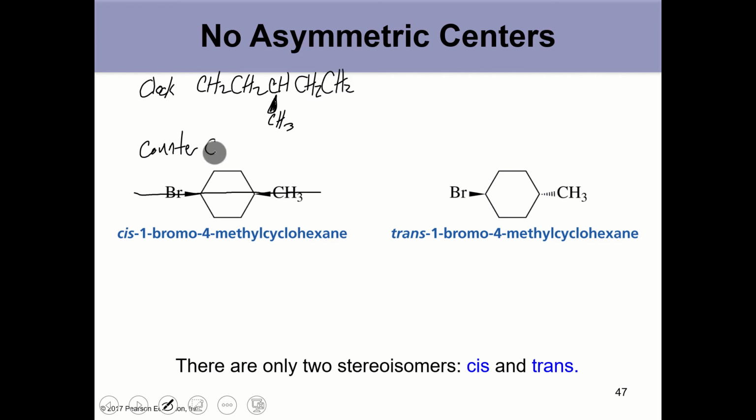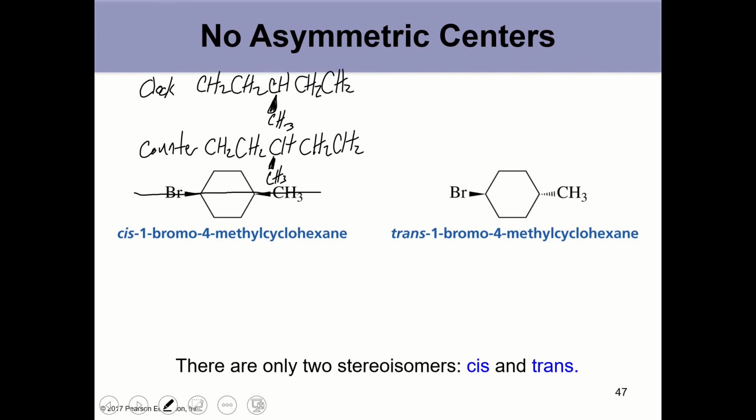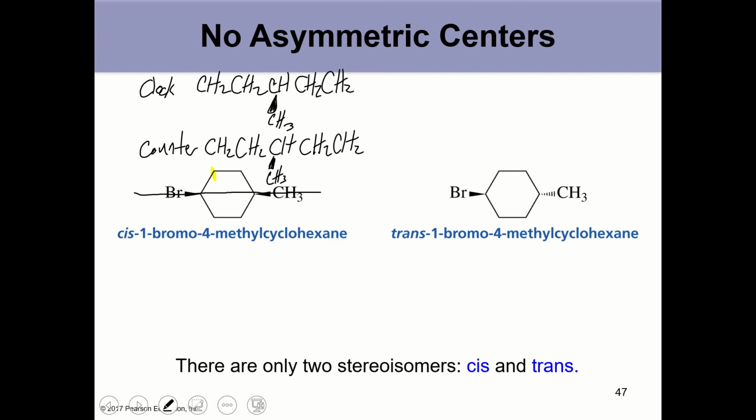If we go counterclockwise, we have CH2, CH2, CH bonded to solid wedge CH3. Then we have CH2 and CH2. If you want me to be more clear, I can use a highlighter and highlight each one a different color.